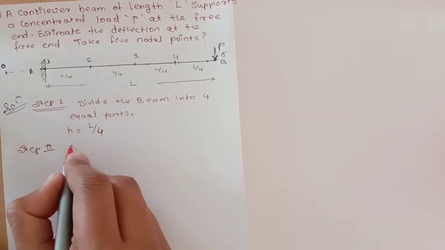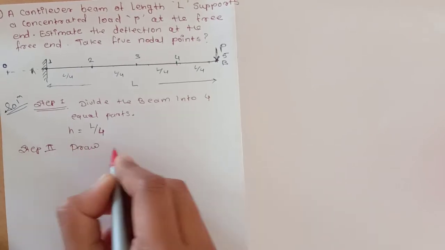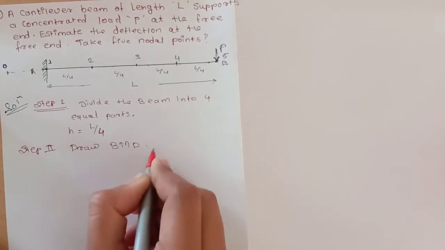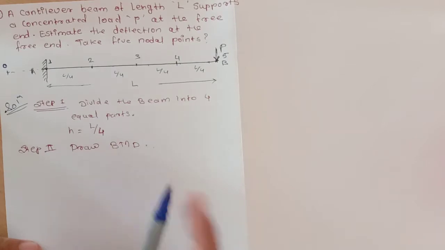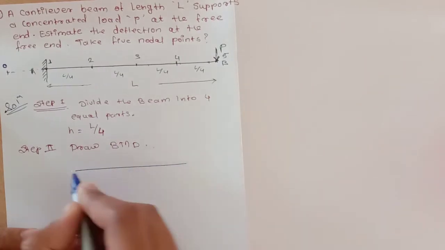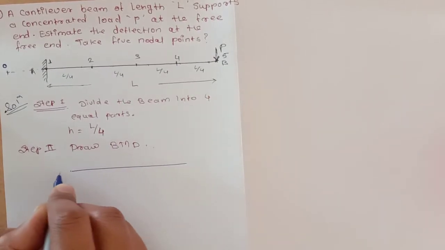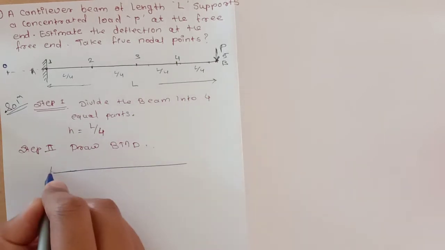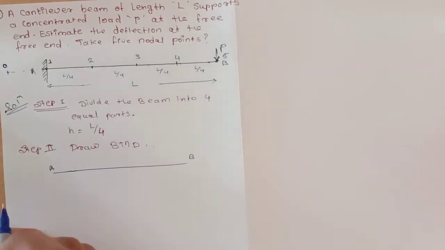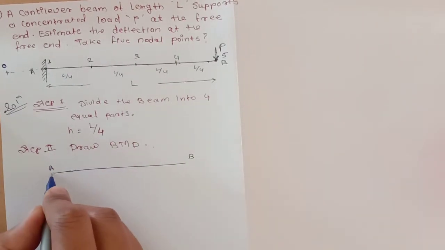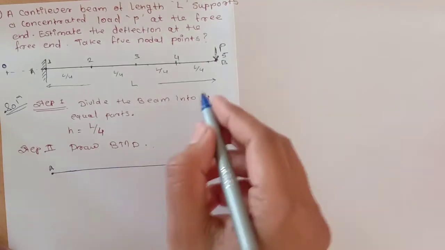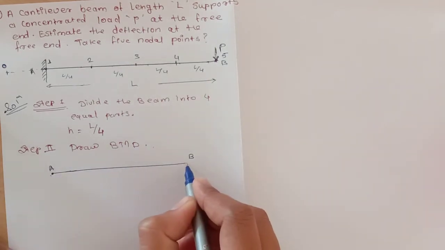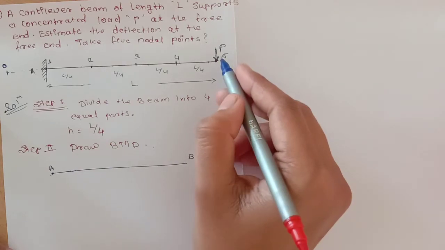Then next is step number 2. Draw the bending moment diagram. Firstly, take the neutral axis A and B. At point A, take the moment at point A. Over this point B, a P kilonewton point load acts.